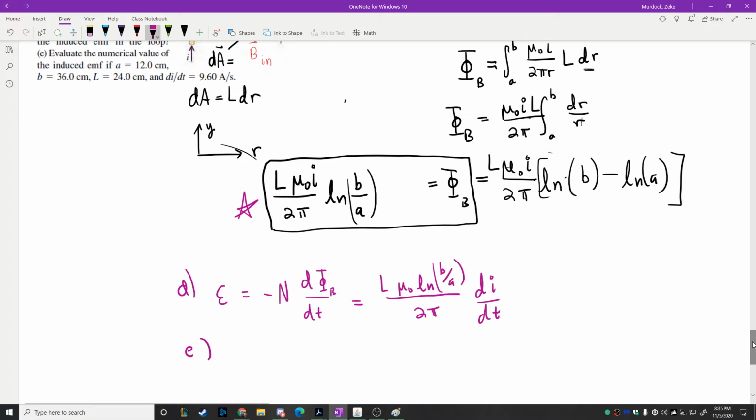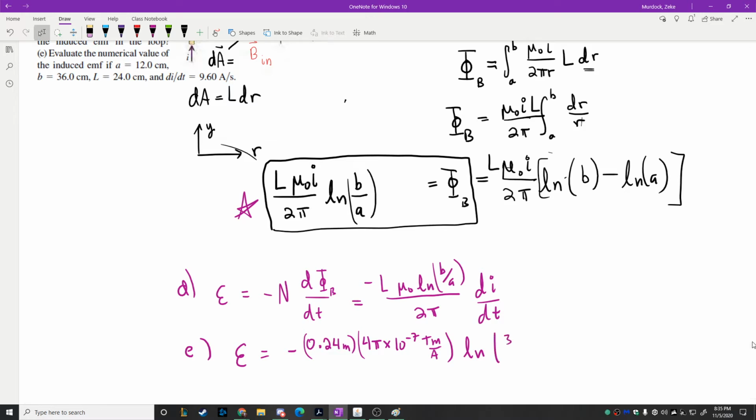So plugging in the values that they give us then, the induced EMF should be equal to, L is 0.24, mu naught is 4 pi times 10 to the negative 7, natural log of B over A, 36 over 12.